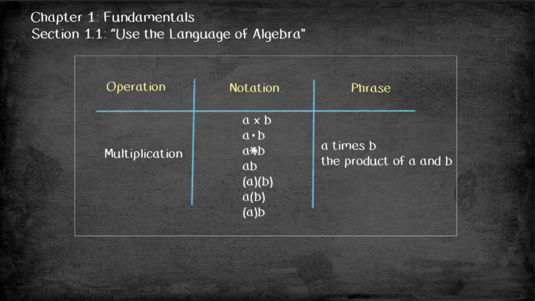The asterisk, if you're typing on the computer, usually represents multiplication. You can write AB to represent multiplication, and obviously you can put parentheses in there to imply multiplication as well. But as far as the phrases go, we have A times B and the product of A and B.